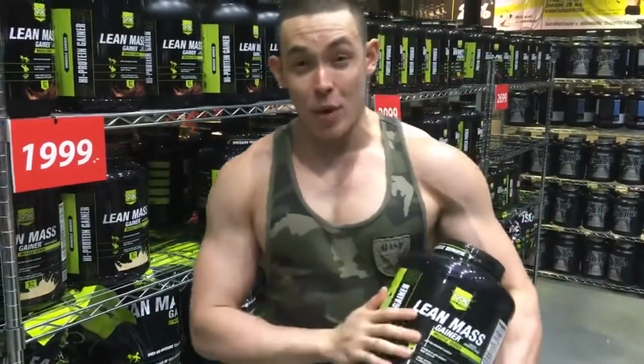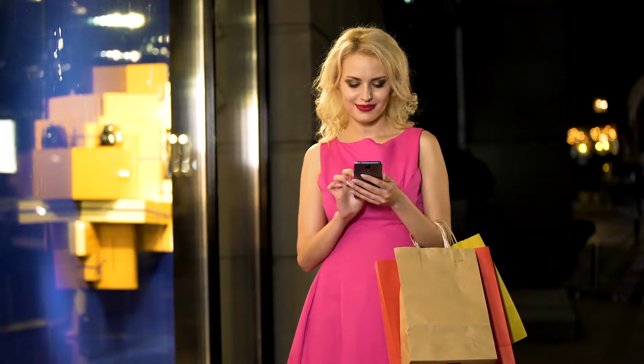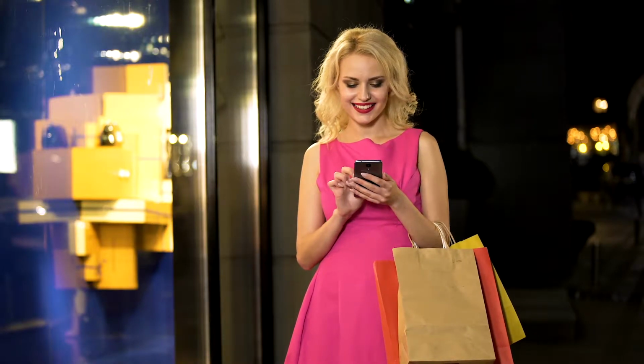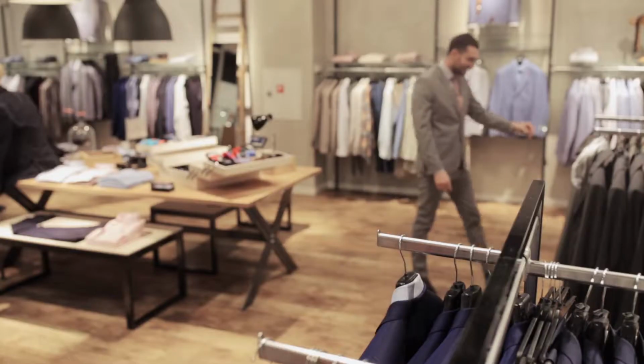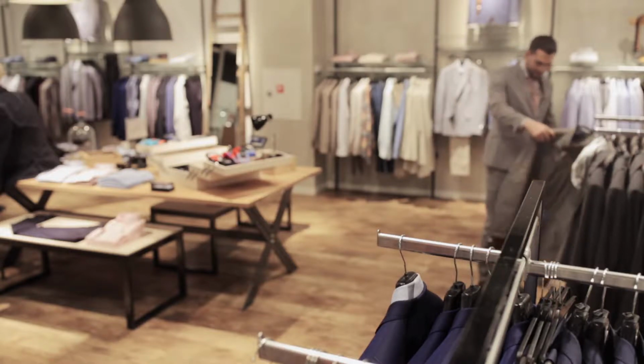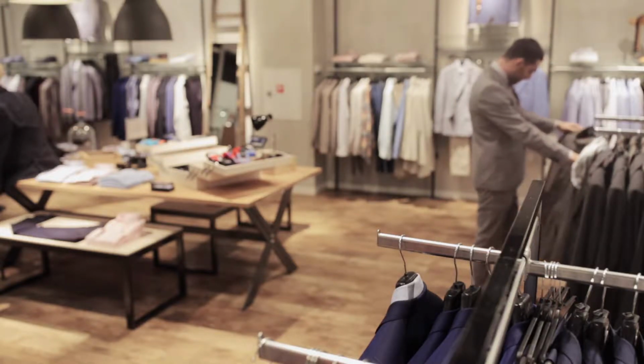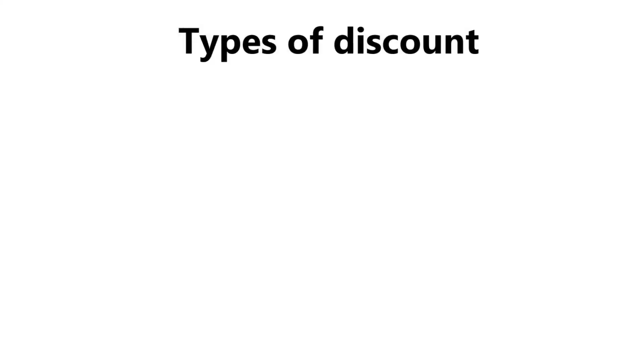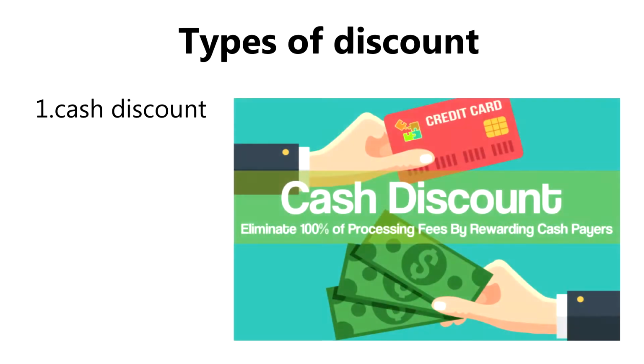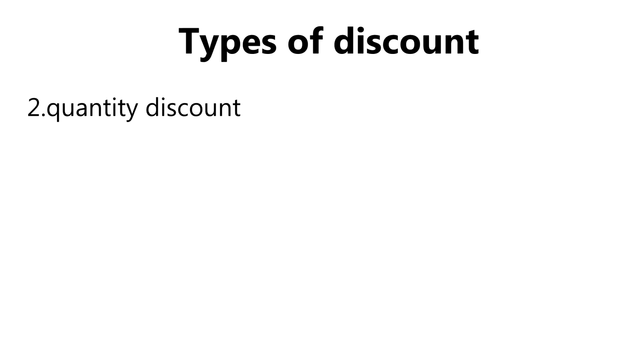or allowance. A discount is a straight reduction in price on purchases during a stated period of time or in larger quantities. Some types of discount are: 1. Cash discount, or a price reduction to buyers who pay their bills promptly. 2.